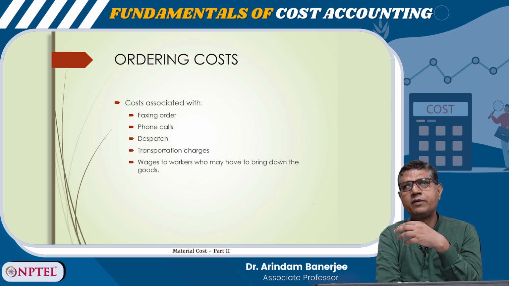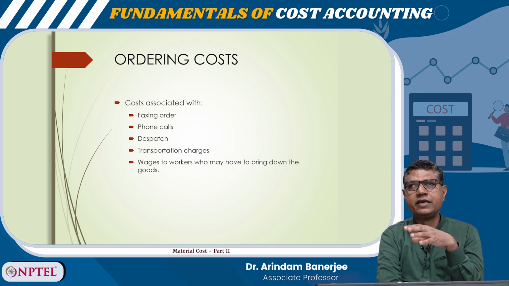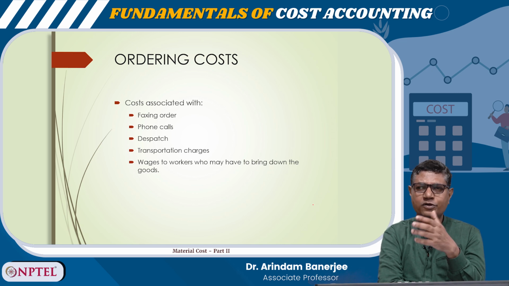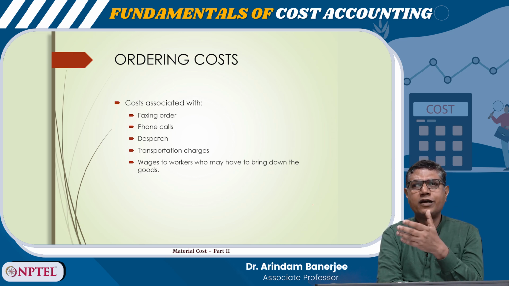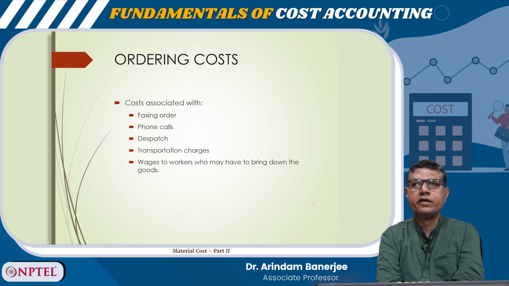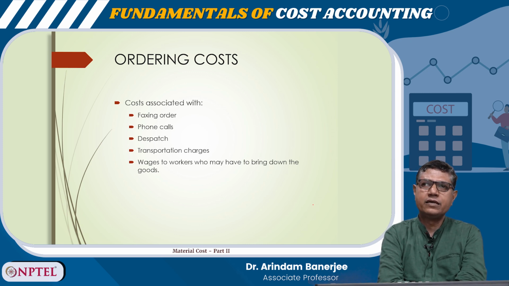This entire process involves certain costs, like stationery costs, communication costs, transportation charges, and loading and unloading, which is manpower cost. All these costs which we can attribute to ordering, which vary with the number of orders, we can consider as ordering cost.